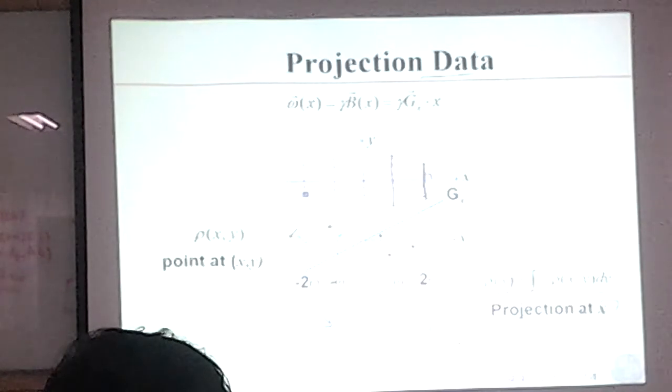So if this point is at x, then the signal strength means the integration of the signal on the line here. So we call this data a projection data in the x direction.